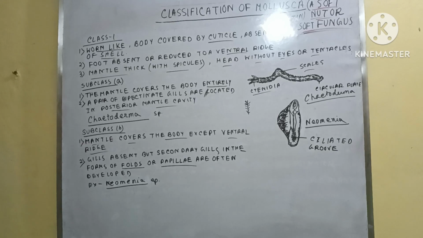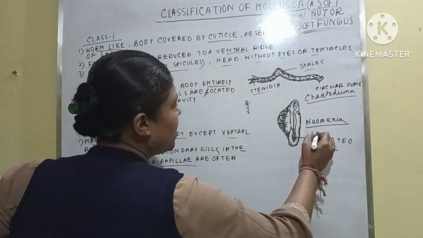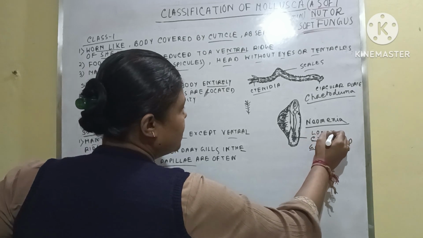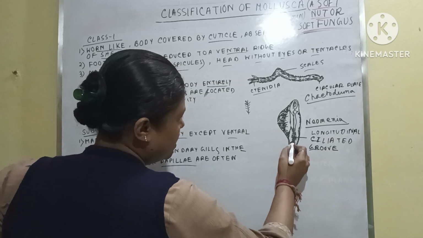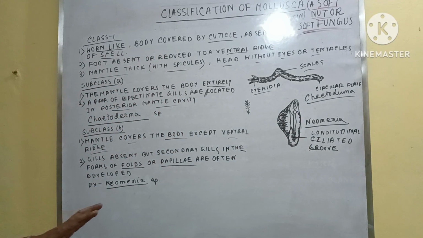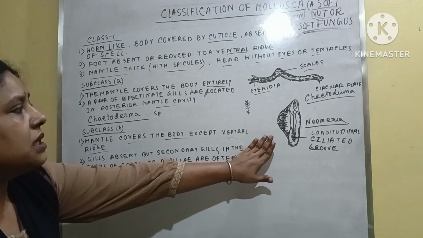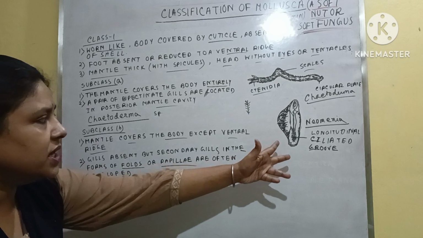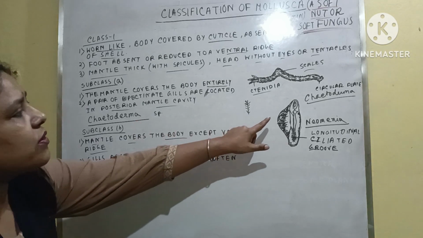So this is one labeling: this is the ciliated groove, the longitudinal ciliated groove. The feature is that there are no exact gills, but secondary gills are present in the folding form or papillae form, and the body is not fully covered.